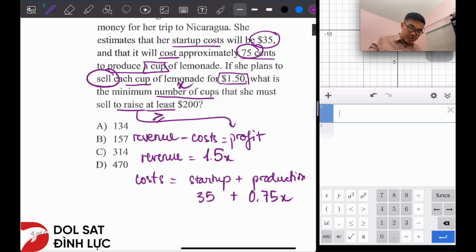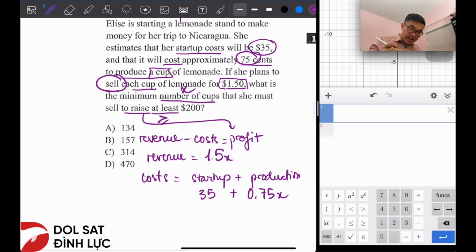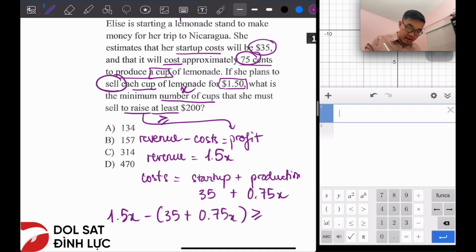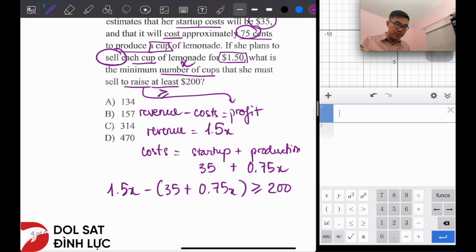So we will have the inequality like this. We have the revenue, which is 1.5x, minus the costs, which is $35 plus 0.75x, and this needs to be greater than or equal to $200. Now let's continue on to solve the inequality.